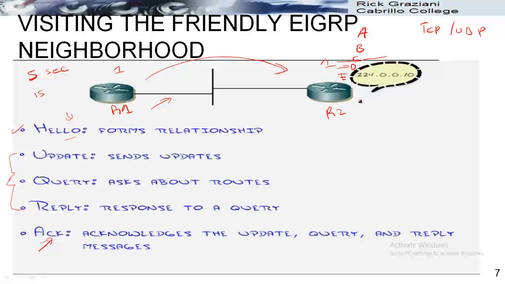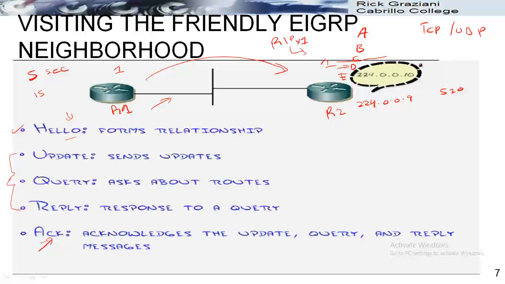RIP uses 224.0.0.9, and that is RIP version 2, because RIP version 1, which we don't even discuss because it's legacy, is a classful routing protocol that used broadcast. You don't want a lot of broadcast communication in your network. At layer 4, RIP uses UDP port 520.